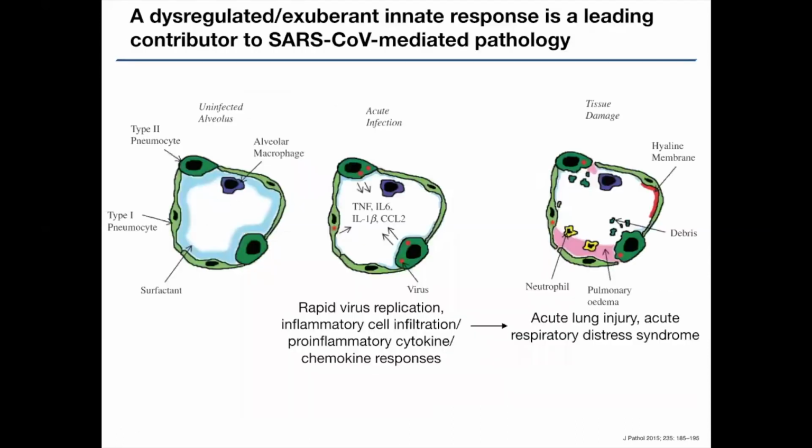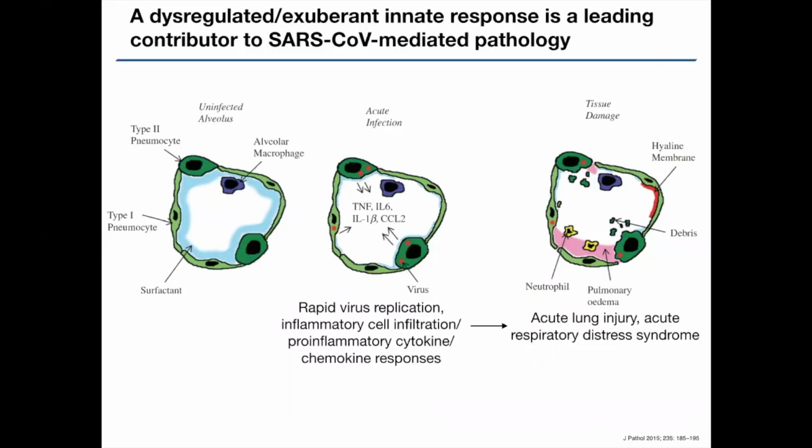And so that's shown here in these diagrams, where on the left you have an uninfected alveolus, and these cells, upon acute coronavirus infection, start to support rapid virus replication because the virus is preventing the antiviral interferon response early.